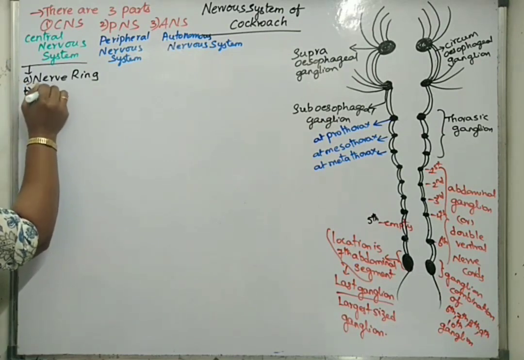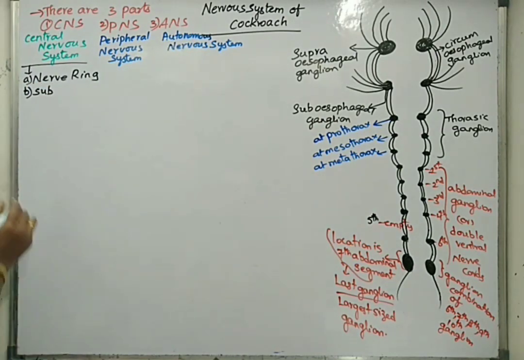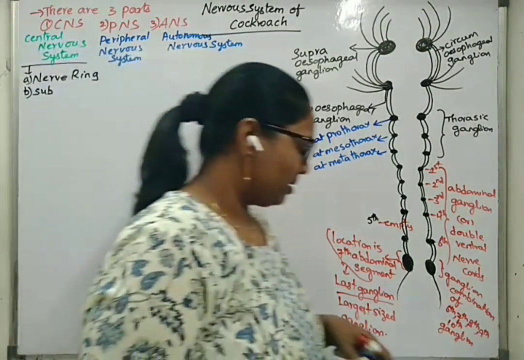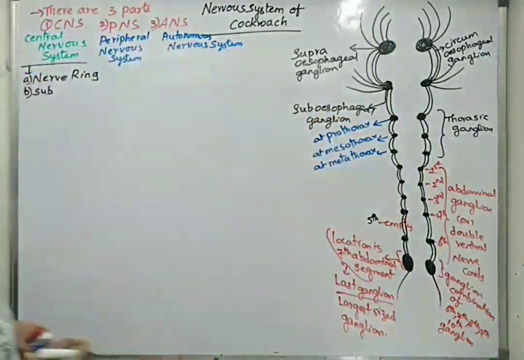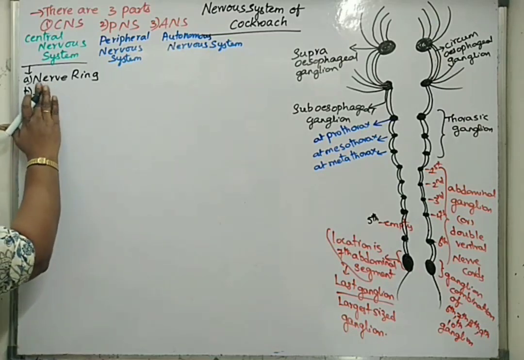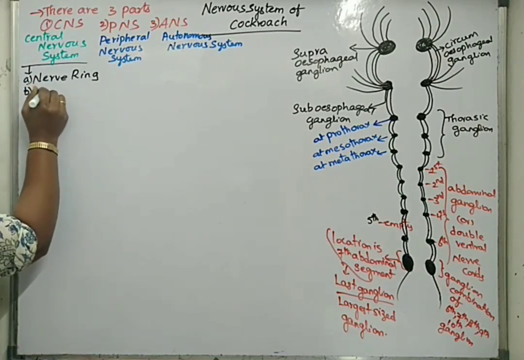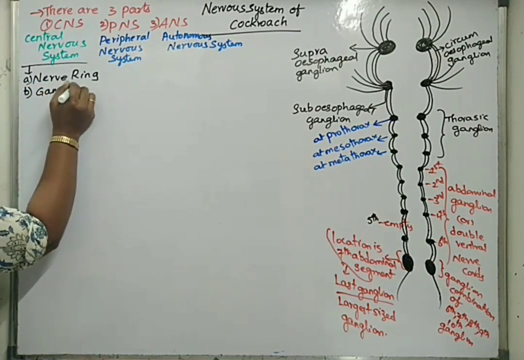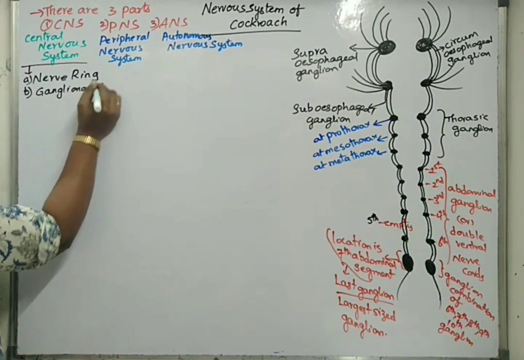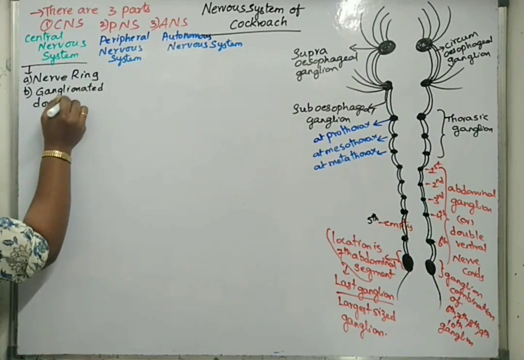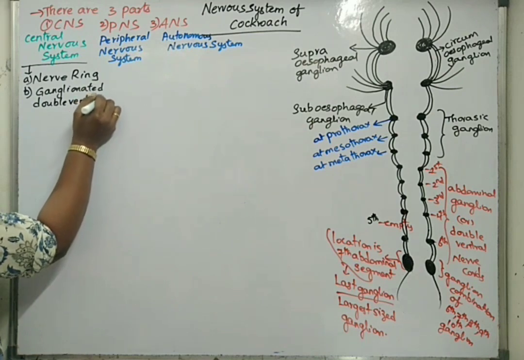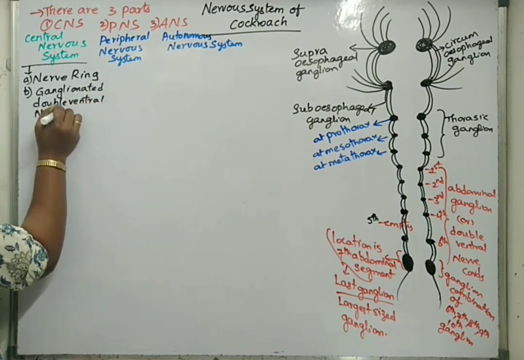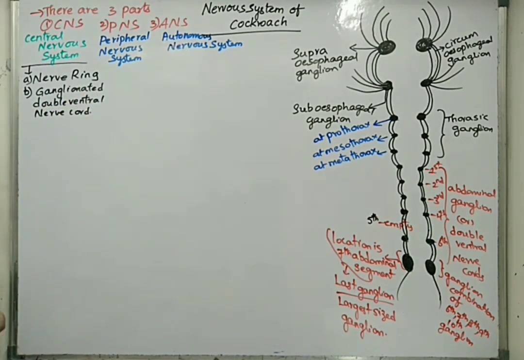Second one, ganglionated double ventral nerve cord. Coming to the first one, nerve ring.